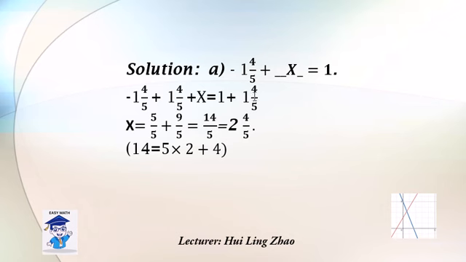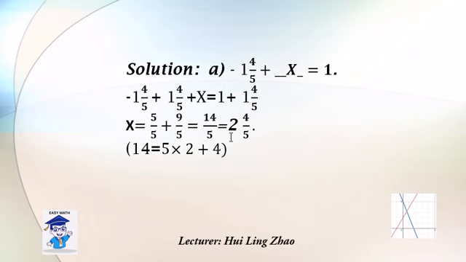equals, we can see the right side is 1, we can change into 5 over 5 plus 9 over 5, because 1 times 5 is 5 and then plus 4 is 9, right? So the final answer is 5 plus 9 is 14, 14 over 5, right? And this is the improper fraction.